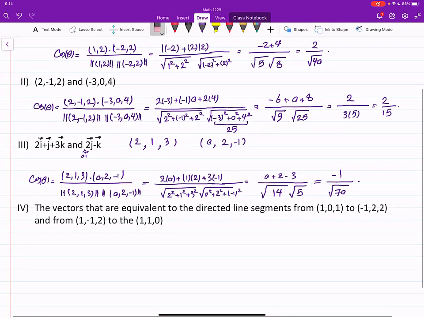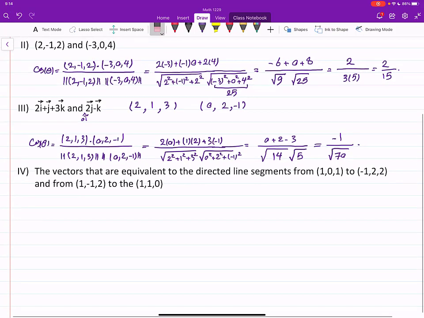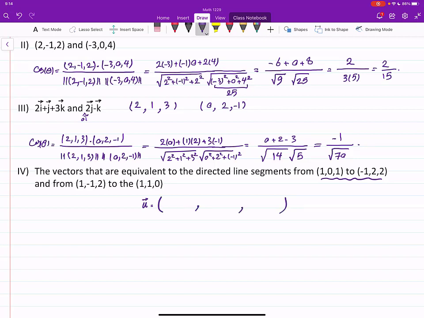Okay, in the last example, we have to first find the vectors u and v. So I have the end point and starting point of the line segment. The vector equivalent to that would be a vector whose components are the components of the end point minus the starting point.